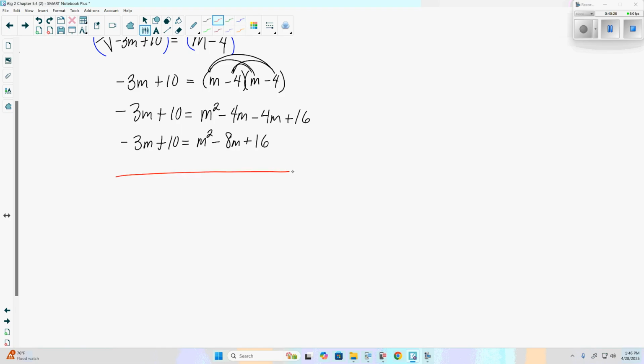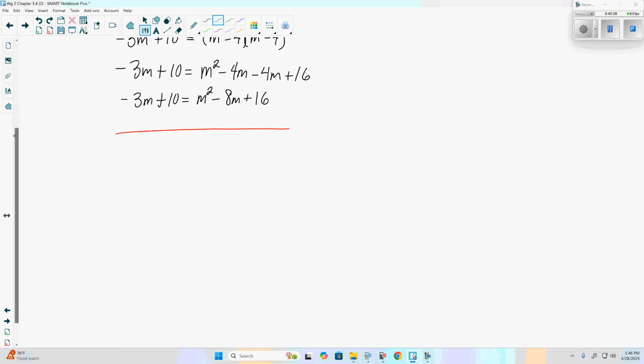At this point here, we need to get this equation equal to 0. We could add 3m first. We could subtract 10 either way. We will end up getting to the same place, which is that 0 is equal to m squared minus 5m plus 6.